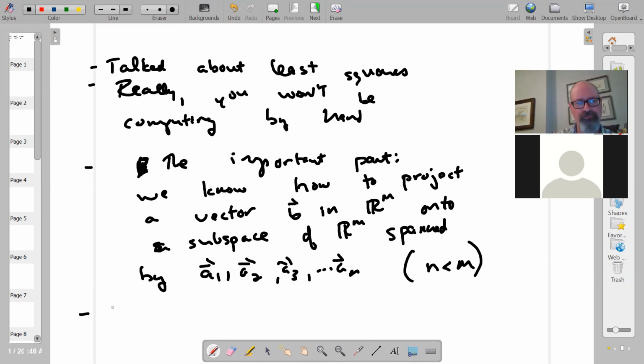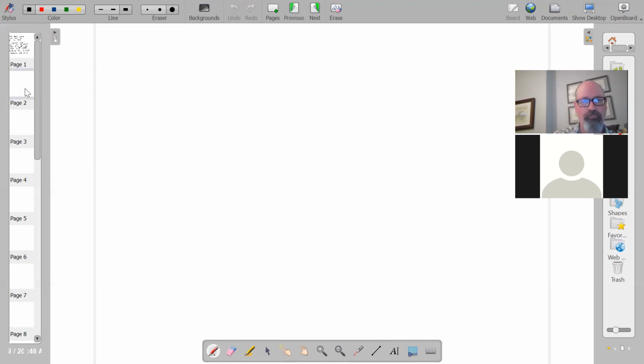Normal equations, it's basically saying something like this: denote the projection of b with the symbol p. The normal equations really just look like one equation. It's called equations because there's usually more than one component in the vector.